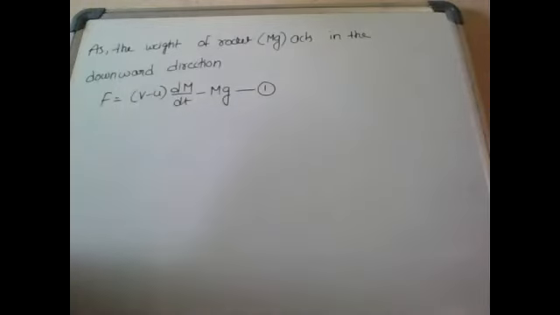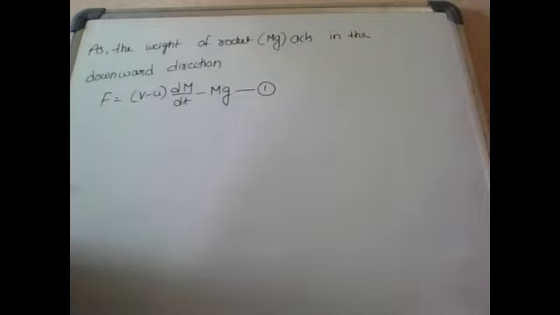Equation 1. The weight of rocket acts in the downward direction, that is F equal to V minus U dm by dt minus mg.